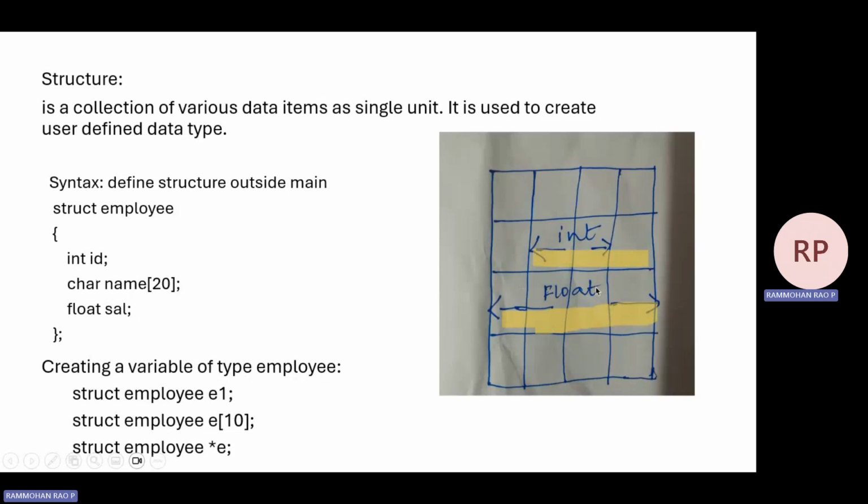Then 2 bytes for the integer, then 1, 2, 3, 4, this 3 bytes of the second row and the last byte of the first row. So a total of 6 bytes would have been allotted, but it will not be done like that. What will happen is, integer 2 bytes memory is allotted, and for the floating point value, instead of assigning 1 byte in one memory location and another 3 bytes in another memory location, what the computer will prefer to do is assign all 4 bytes in the same row.